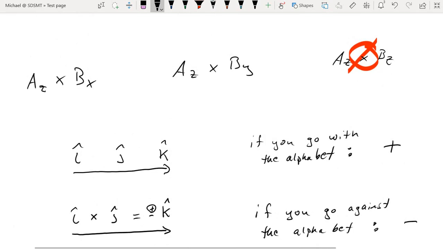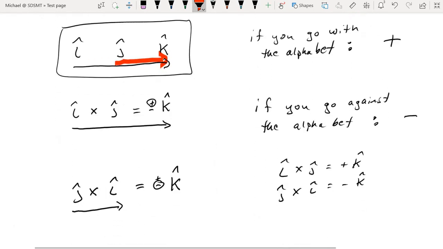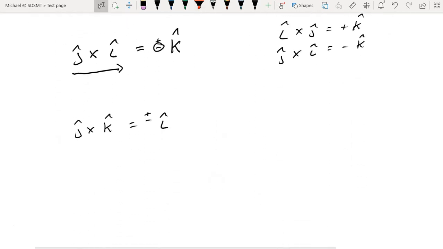So we'll come back up to our alphabet here. Our alphabet only has 3 letters in it, but we're starting at j hat, and we're going to k hat, so we are in fact following the alphabet, and that means our outcome is going to be a positive.